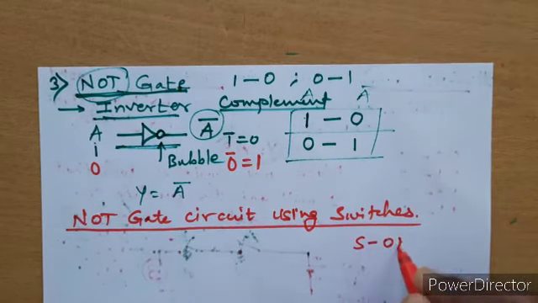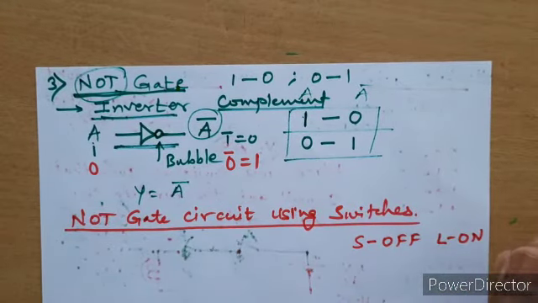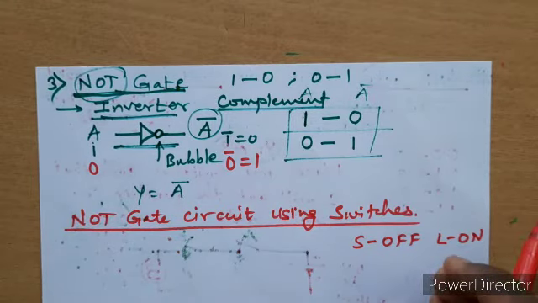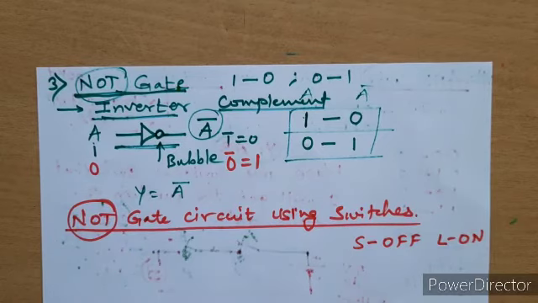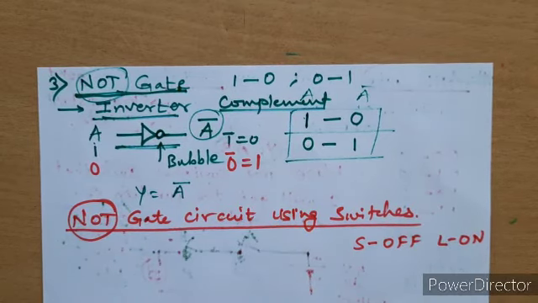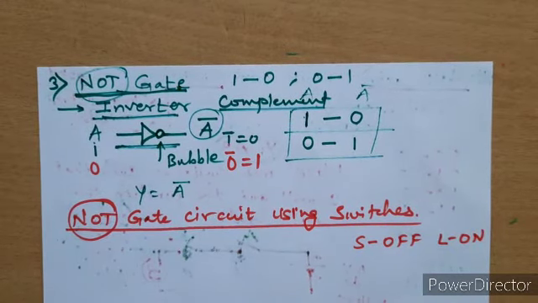So the switch is off and the LED is on, meaning the button is off and still the light is on. You now have to create this kind of circuit arrangement, for the NOT gate. Okay, so you can try this, and you can send it to me on my personal WhatsApp, right?